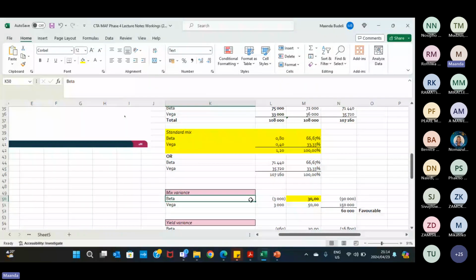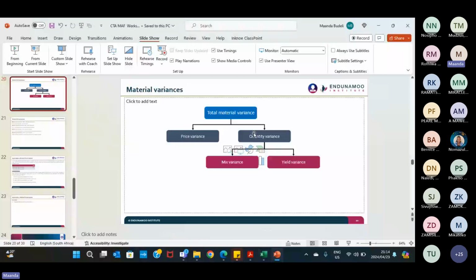So let's go back. What we are doing, we have calculated the price, and then we have calculated the quantity, right? Now you know that the quantity is unfavorable, but you still need to determine more information. Is it unfavorable because we changed the mix that we normally use, so we used more of beta than vega than what we normally use? Or is it because we used more materials to still yield the same output?